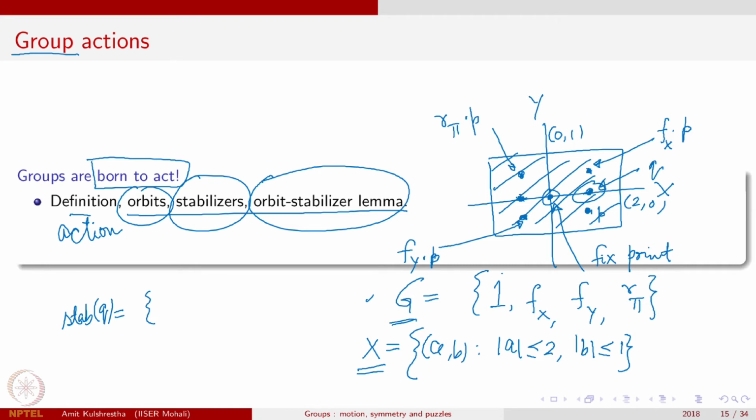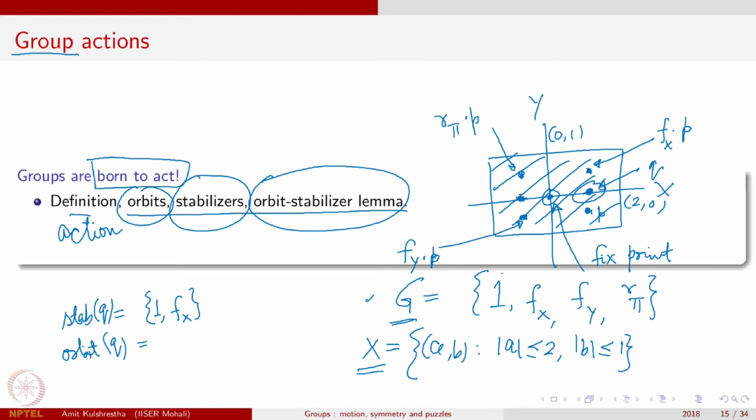Stabilizer of Q is of course identity. Identity is always in the stabilizer. And apart from that, if you take flipping about x-axis, that is also in the stabilizer for this point. So stabilizer is size 2. And what is orbit size?